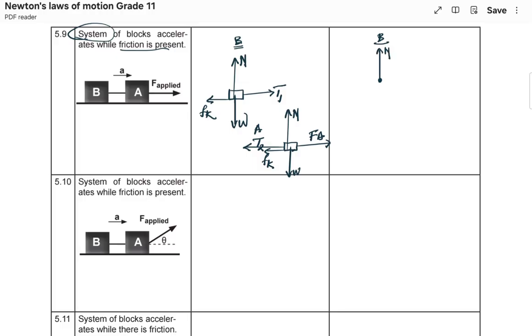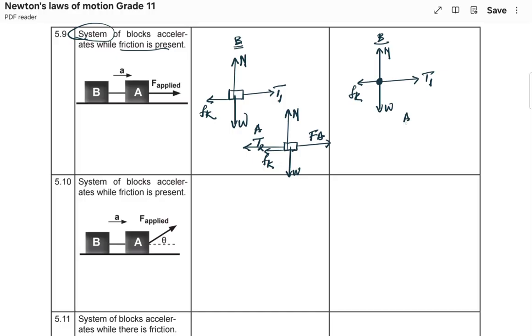So there's a normal, there's a T1, there is a kinetic frictional force, there is a weight.